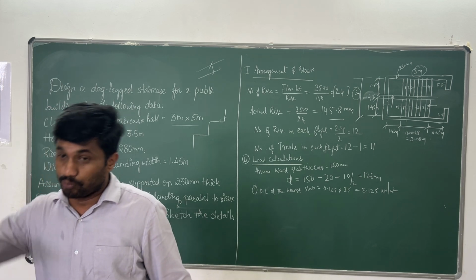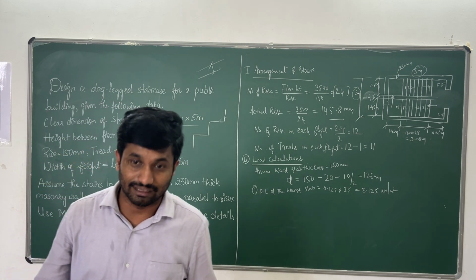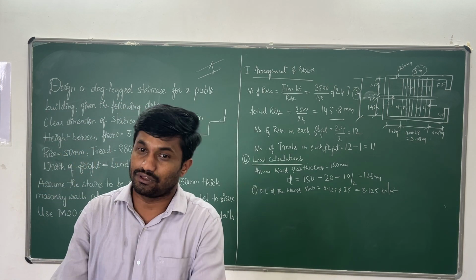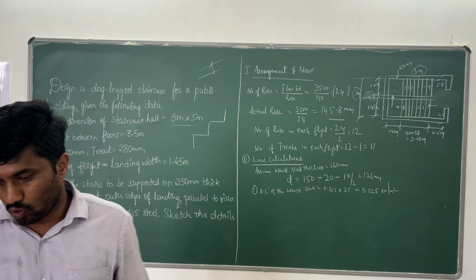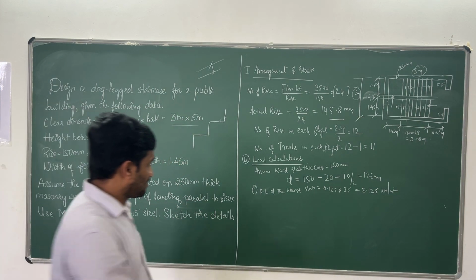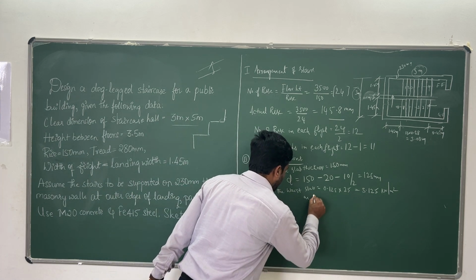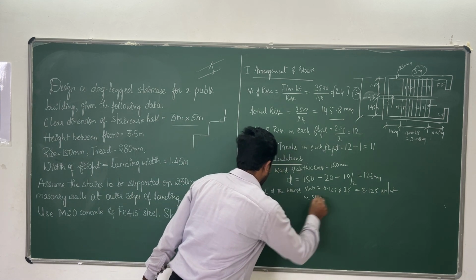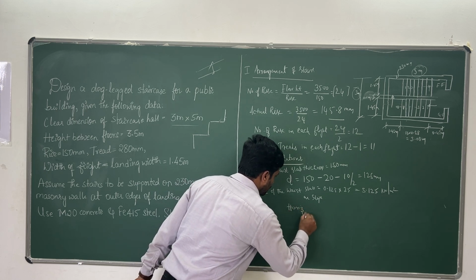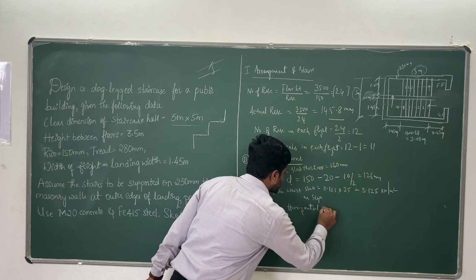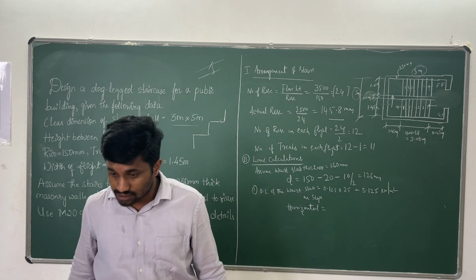We have to compute both and add them, then we get the total weight of the waist slab. Clear? Total dead load. So this is the slab on slope, and next we have another thing, horizontal. How to compute the horizontal weight?